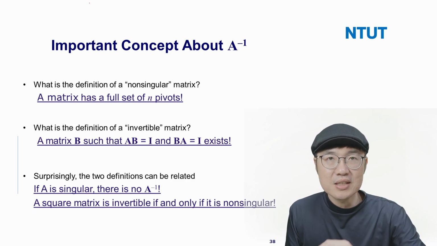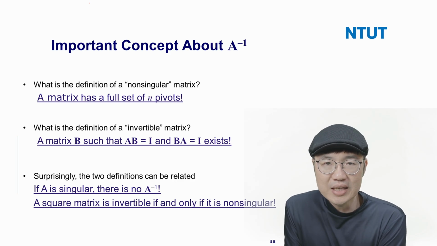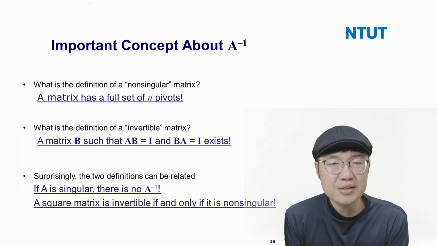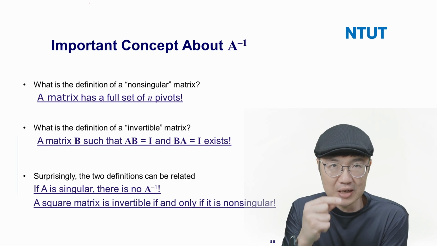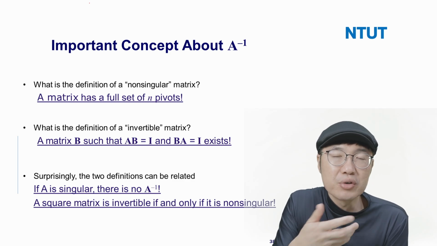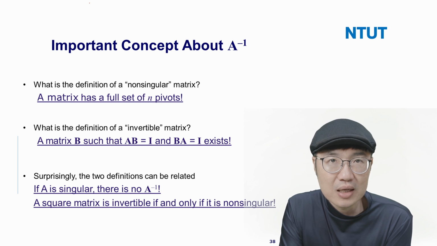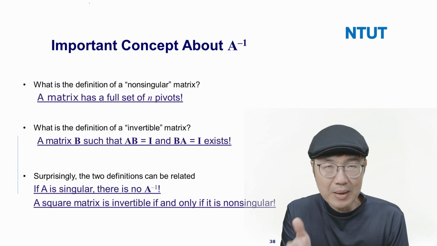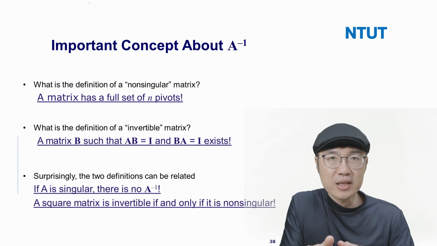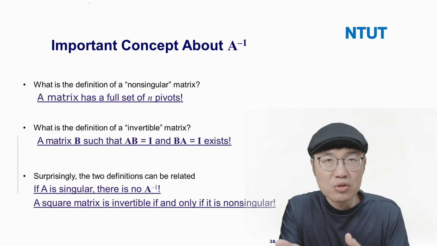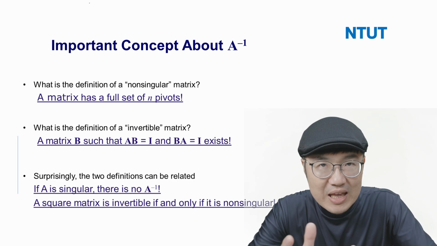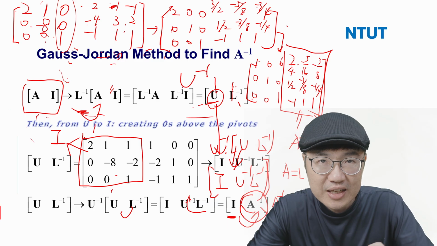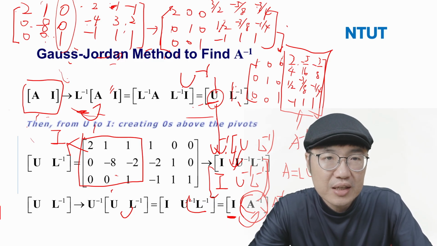But in the process of the Gauss-Jordan method, as you can see, if a matrix has n pivots, it's called a non-singular matrix. And if a matrix is singular, you cannot have n pivots. The number of pivots must be less than its size. If you have a 0 in that pivot position, which is no longer a pivot, that must break down the Gauss-Jordan process, because you can never get an I or L inverse in that process.